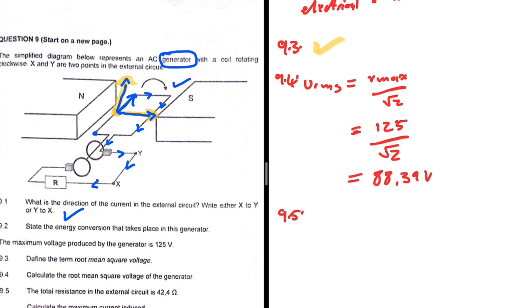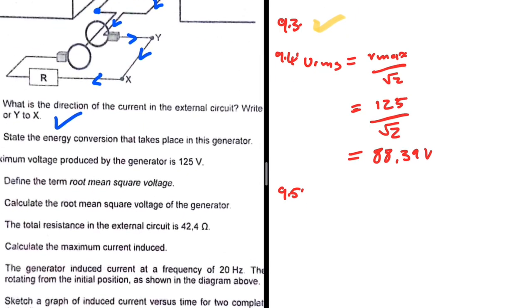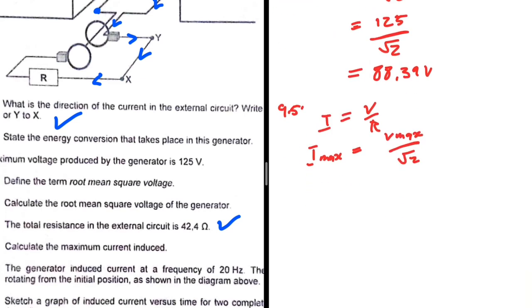While on the other hand, for 9.5, the total resistance is said to be 42.4 ohms in the external circuit. The question: calculate the maximum current induced. If we want to find the maximum current, we know that I is equal to V over R. So the maximum current will be Vmax divided by R. Do we have Vmax?